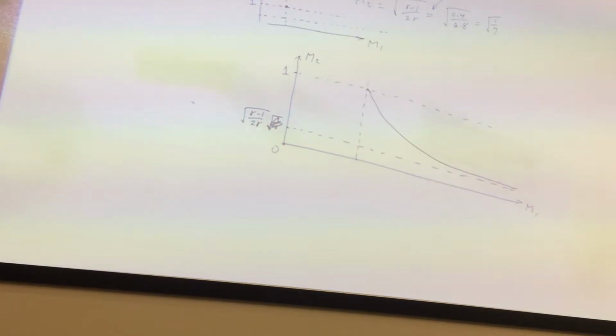You can only draw it in an imaginary plane. And since x and y are both real numbers, there's no way you can draw it. I don't know how they draw it. This is how I would draw it, okay? So that gives you a visual understanding of what the Mach number would be.